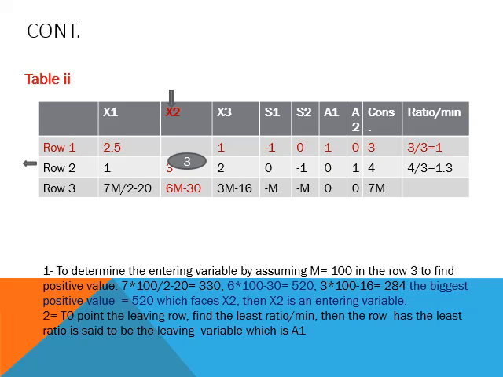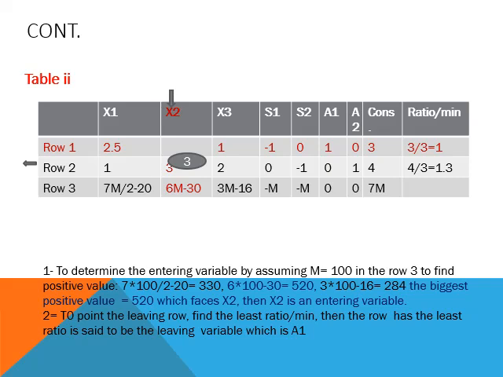Okay, first, to determine the entering variable, we need to assume a very big number for M, and let it be 100. We assume that M equals 100, to find what?